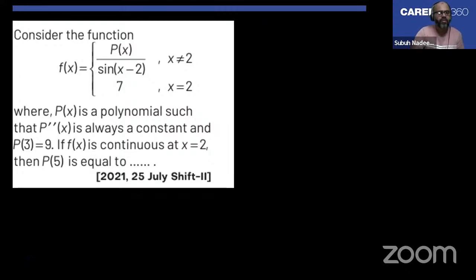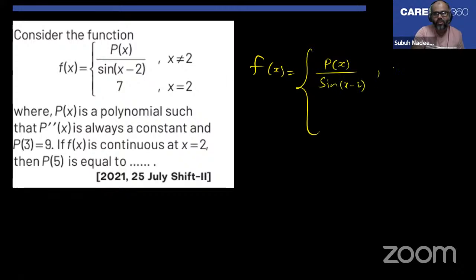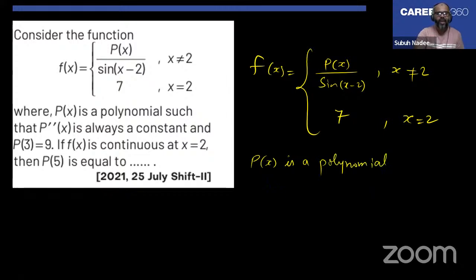So here consider the function f(x) equal to p(x) by sin x minus 2, where x is not equal to 2, and 7 if x equal to 2. Okay. Now what is p(x)? p(x) is a polynomial such that p double dash x is always a constant.